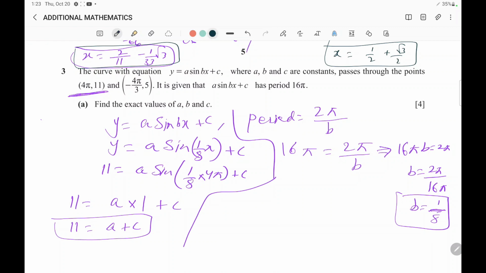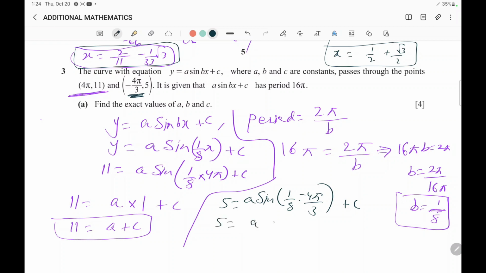Okay, now let me change the color. Now put y as 5 because we need to substitute this point. Y as 5. Now a sine 1 over 8, and x is minus 4 pi by 3, plus c, right? One more time guys, just put y as 5 here. So y as 5, then a sine, now b was 1 over 8, so a sine 1 over 8, and x is minus 4 pi by 3 plus c.